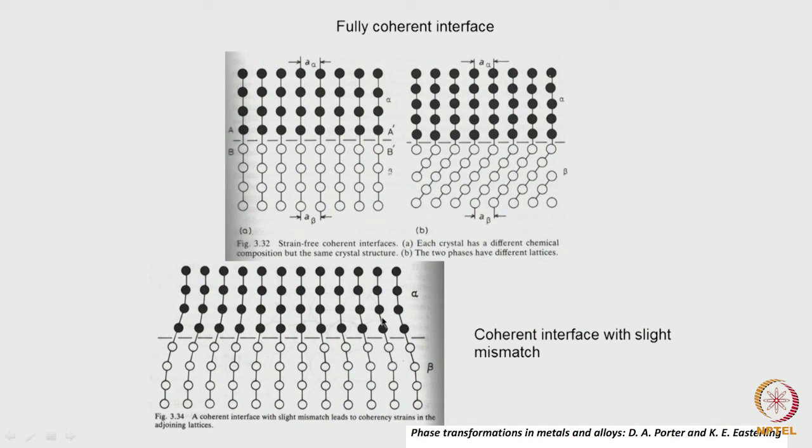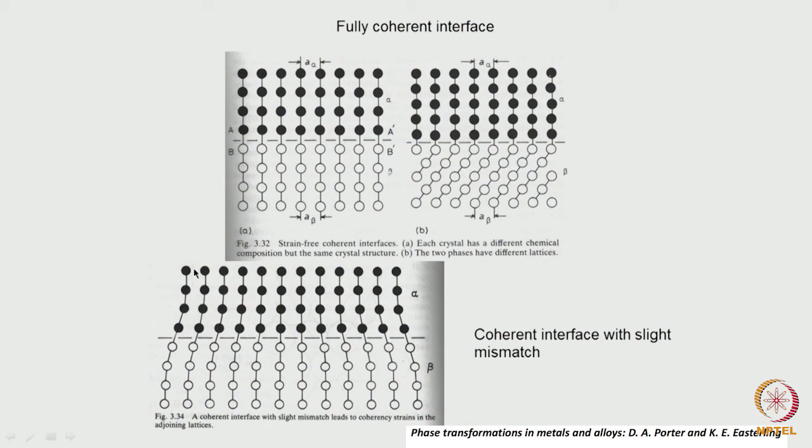In this one, if you consider it, the lattice parameter is slightly different. Here the lattice parameter is small, and here there is a slight increase. But the parameter difference is so small that it still maintains the coherency. How does it maintain the coherency?